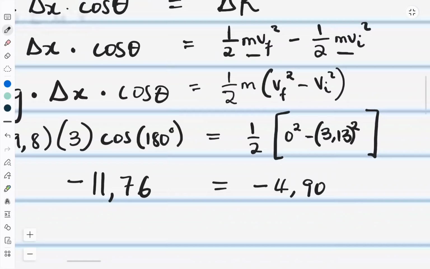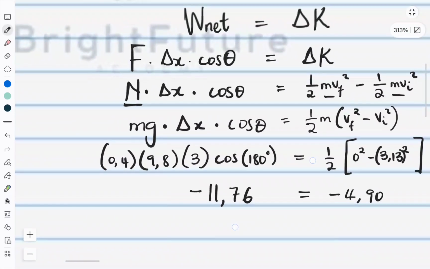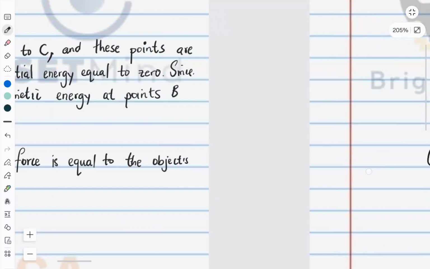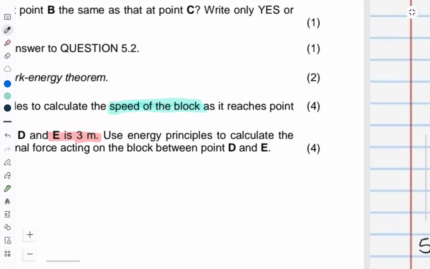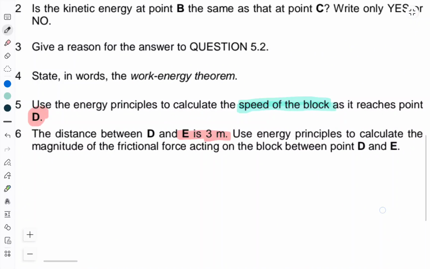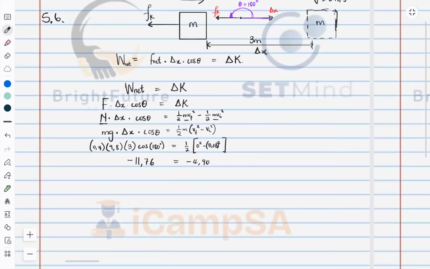So now I left something out here. Sorry, what have we done? Oh, I'm calculating friction on both sides. That's a weird mistake.